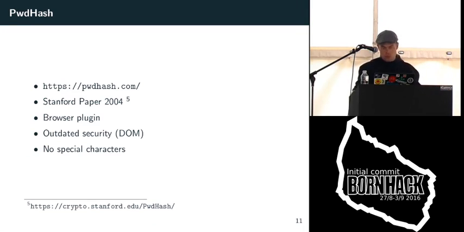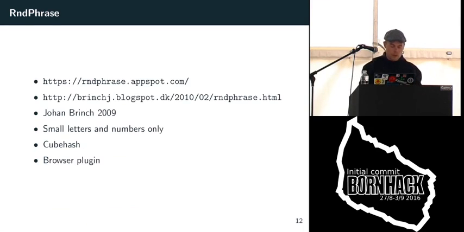I have a proof of concept of that, but that is a topic for another talk, because I've not gotten that far with the rest of the process. And finally, it does not use special characters. It's only small letters, large letters, and numbers. But I guess it's still fine. It's still better than nothing, at least.